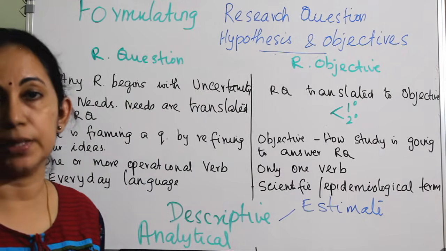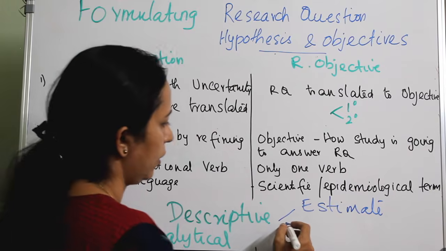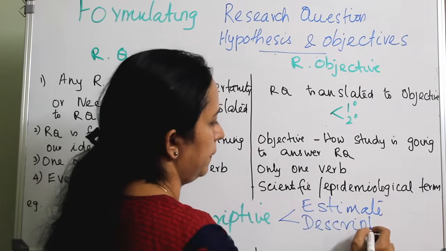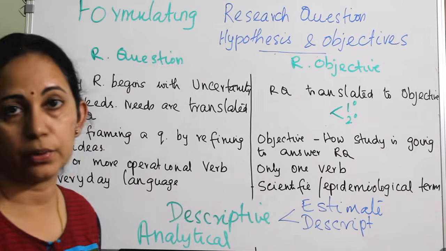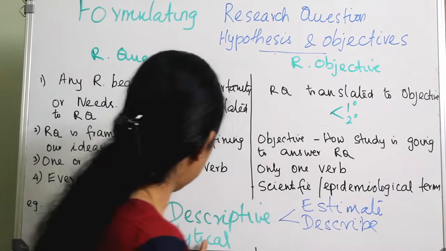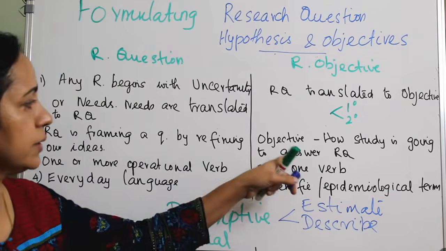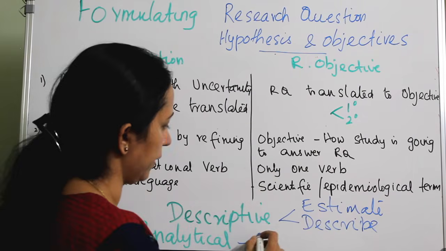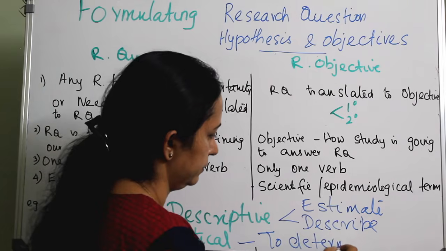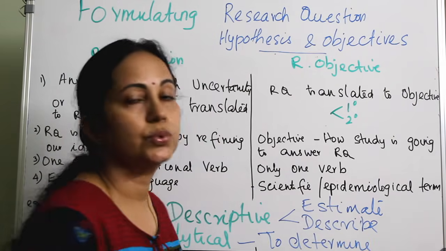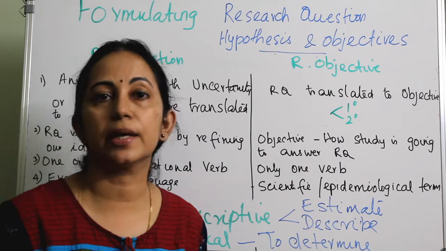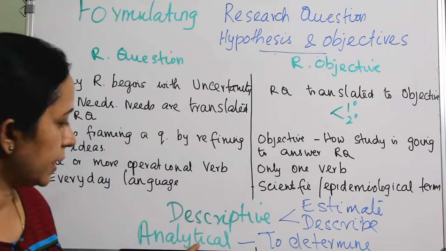To estimate the prevalence of some disease or to describe the pathophysiology or something. But in an analytical study, usually the verb used is to determine. To determine the association between smoking and lung cancer. Like that we have to use.